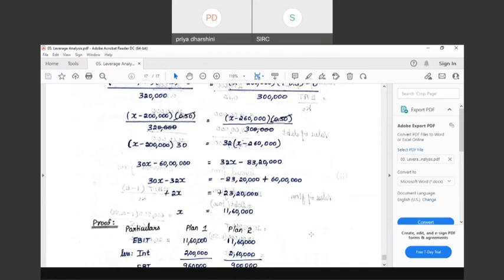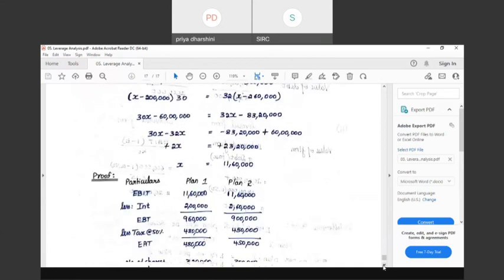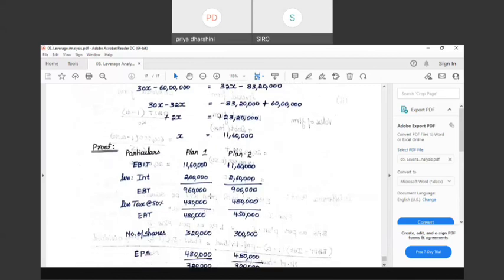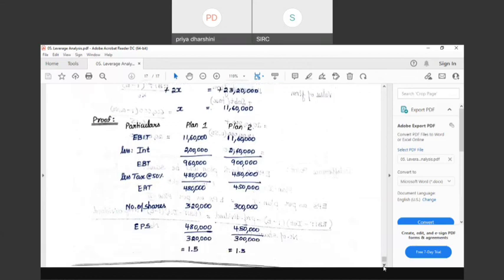But still, I wanted to show the proof. Under both plans, the EBIT will be the same. How much is the interest? For plan 1, it was 2 lakh. For plan 2, it was 2 lakh 60,000. Minus tax at 50% gave me earnings after tax. There is no preference dividend in this sum. Divide by the number of equity shares. It gave me the same earnings per share.